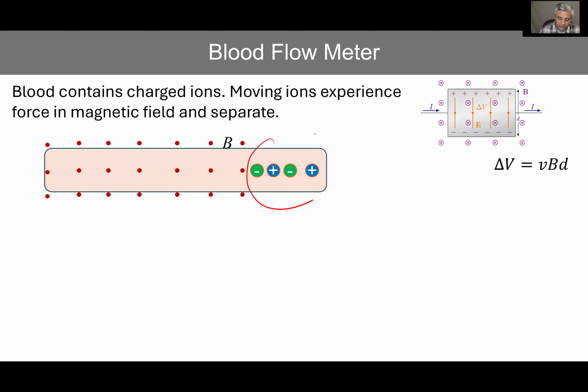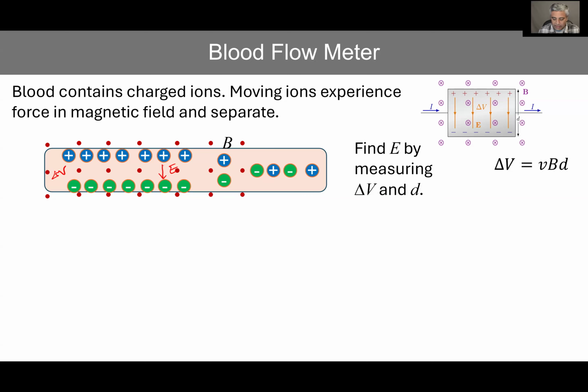For example, you apply a magnetic field. Let's suppose this is your artery or vein where the blood is flowing, which contains the ions, positively or negatively charged. You apply a magnetic field, and what happens? They get separated like that, and of course they are also moving. That's what develops the electric field, or that potential difference. Now you can measure that potential difference.